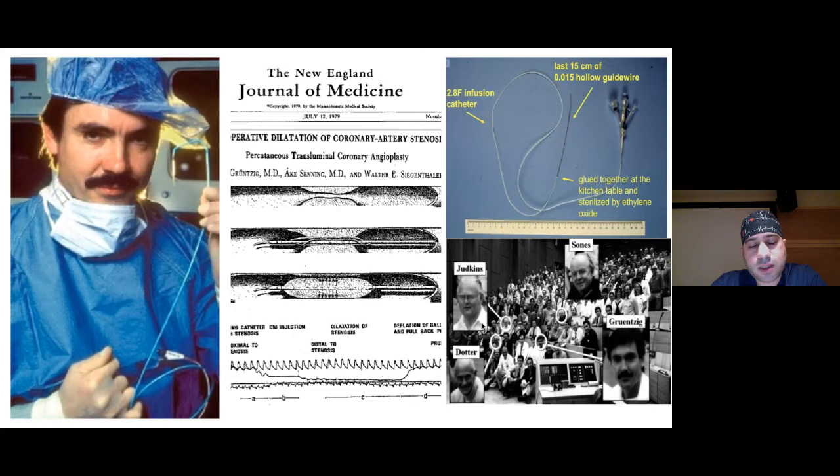And he noticed that once a lesion is crossed, there's a big pressure gradient between his aortic pressure and the pressure distal to the lesion. And he documented that once this lesion is treated with balloon angioplasty, the pressure gradient resolves. And he was the first one to theorize that the dissipation of the pressure gradient means a great result in terms of achieving a good flow and a good outcome for the patient.